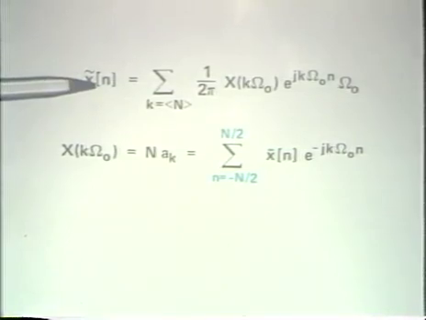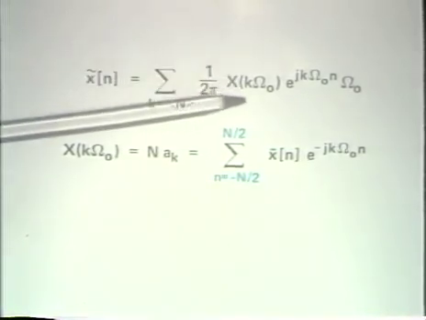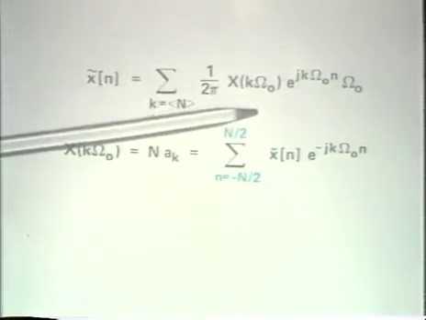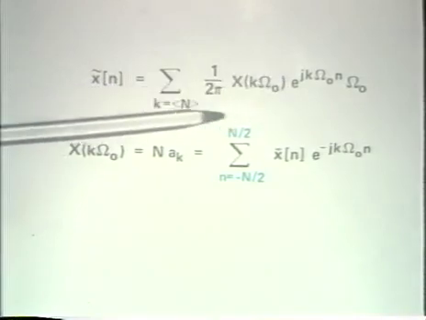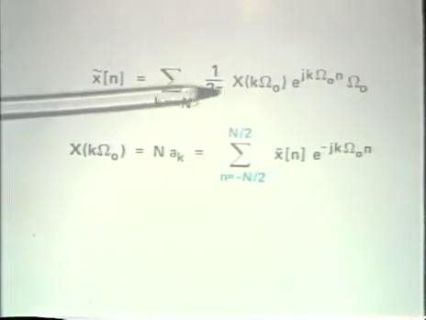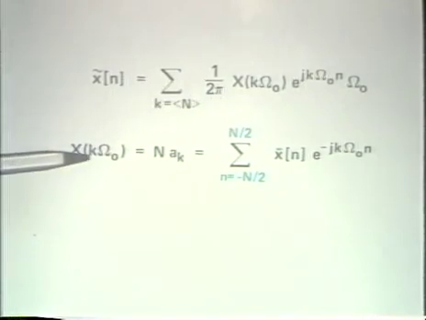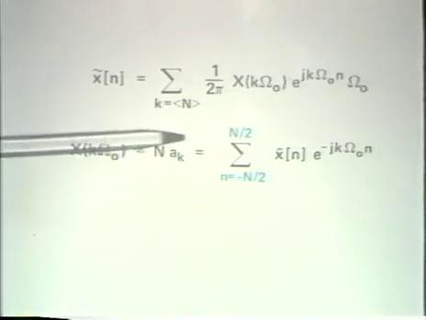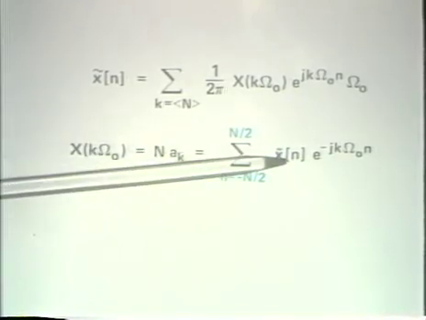representation through the Fourier series, here is the representation through the envelope function, and this is the Fourier series synthesis equation, where the equation below tells us how we get these Fourier coefficients, or the envelope, from x of n.